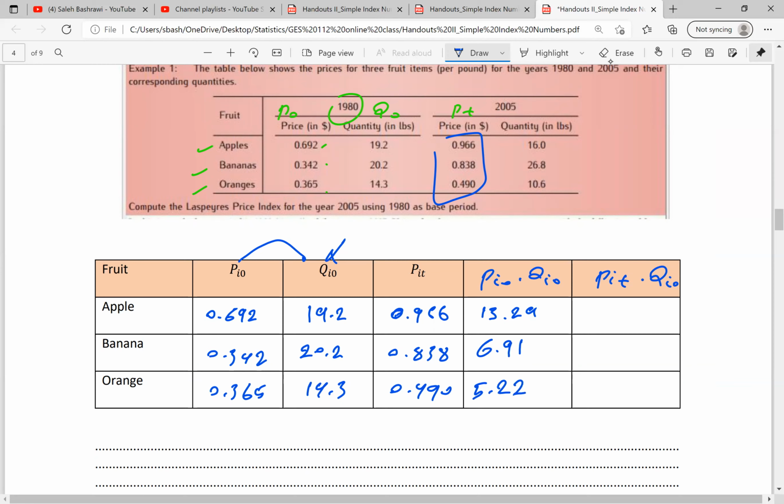Now for the next one, we need to multiply PiT with Qi0. That is 19.2 multiplied by 0.966. That will give me 18.55.